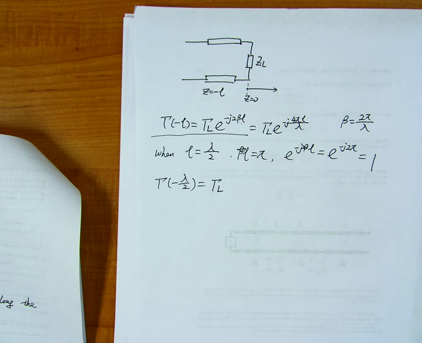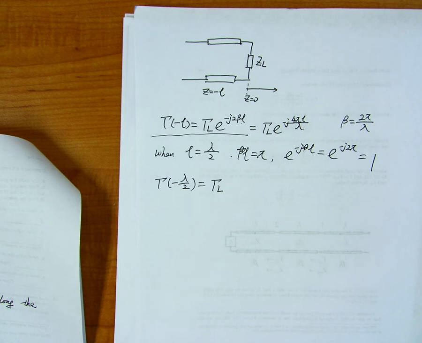You can find gamma L in this complex plane, and suppose this gamma L is initially here, and then you have a transmission line. As L increases, gamma z will move clockwise this way along a circle whose center is at this center here.